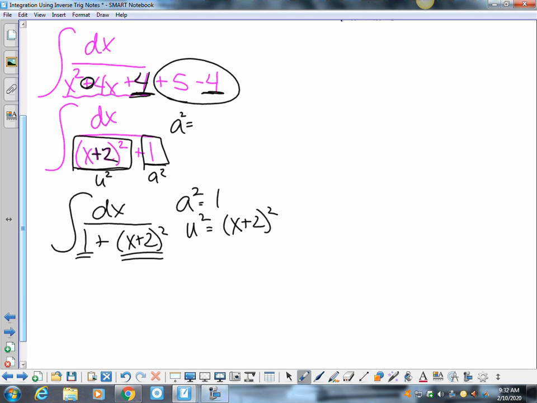So what is a? What is u? What is your du? So let's see, I'm tangent: 1 over a, so 1 tangent inverse of u over a.